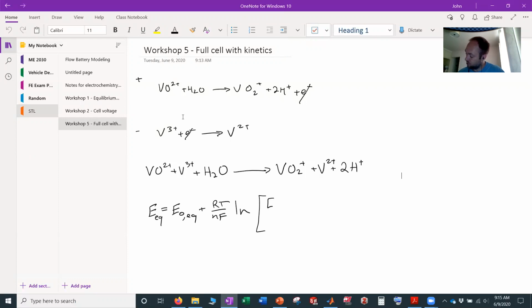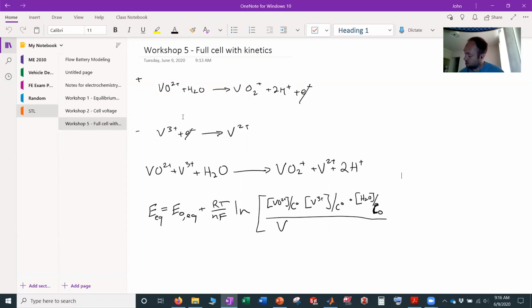So you'd have the concentration of VO2+ over some standard concentration, times the concentration of V3+ over some standard concentration, and times the concentration of water over some standard concentration of water, c naught. And then you divide this by all of your products. Hopefully, did I write these equations right? I think I wrote them.